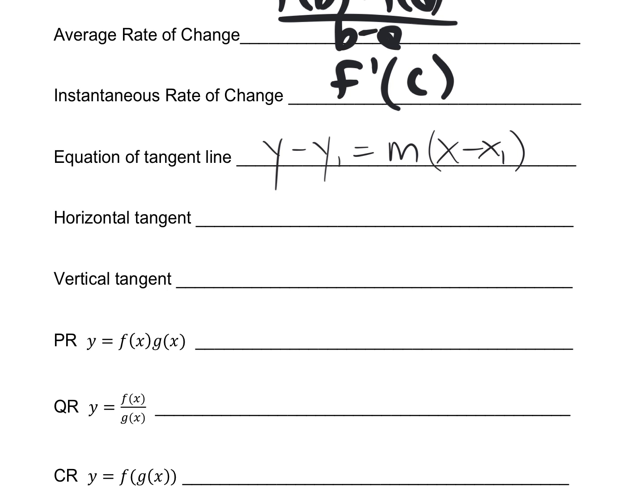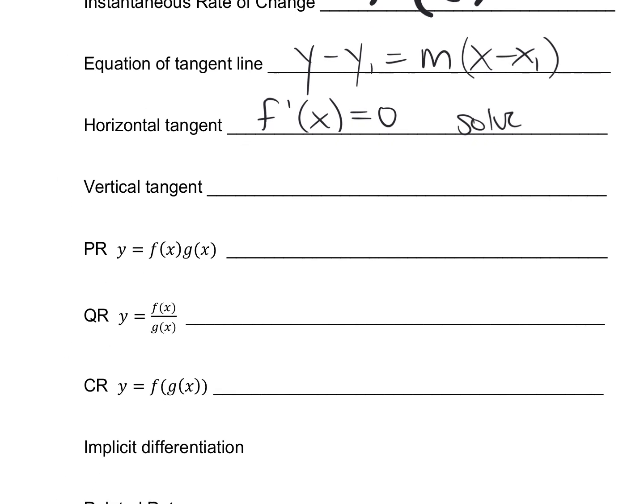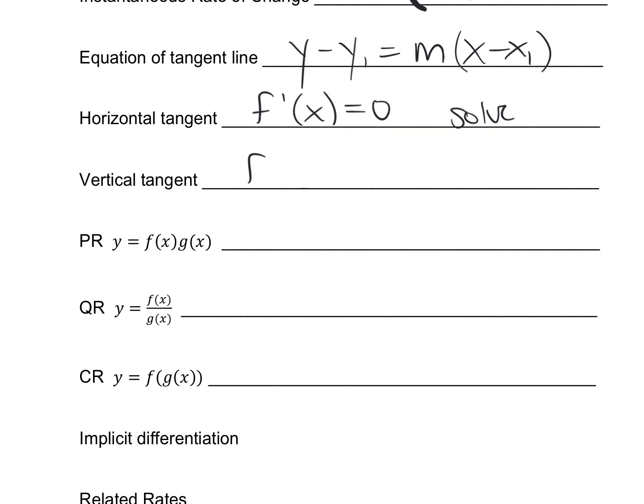If we were asked to find the horizontal tangent line, or where it had a horizontal tangent line, what did we do with that? Yep, so we found our derivative, f prime of x, and we set it equal to 0, and then solved. What about vertical tangent lines? What was the difference with that? Yep, f prime of x was equal to undefined, and solved that.